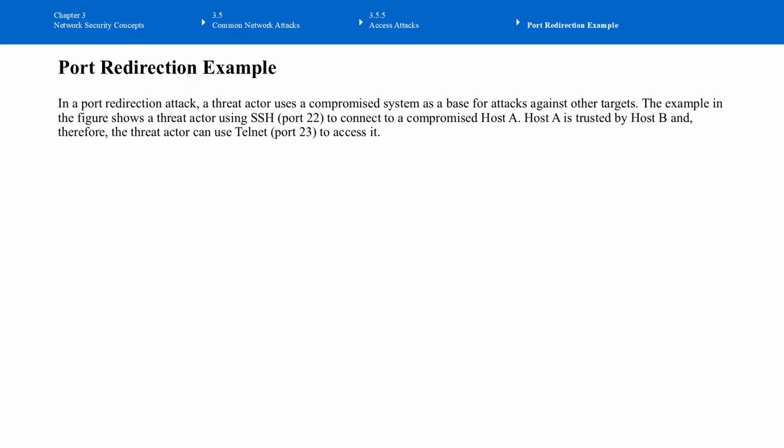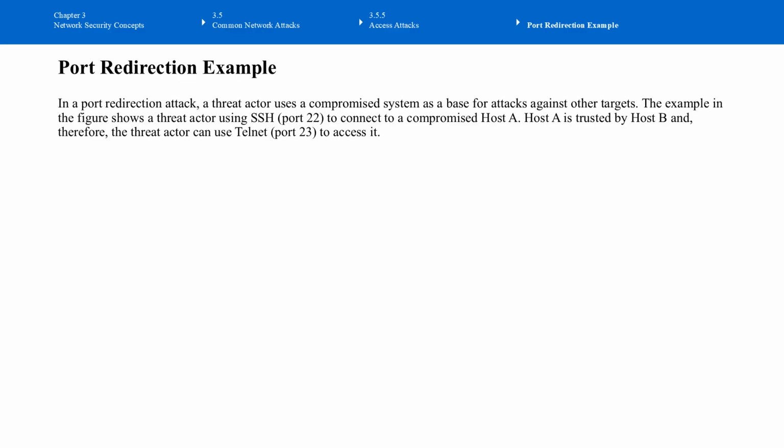A port redirection attack uses a compromised computer as a stepping stone to reach another system. In this example, the attacker first connects to a compromised host A using SSH on port 22. Host A already has a trusted relationship with host B. The attacker takes advantage of the relationship and uses host A to connect to host B using Telnet on port 23.